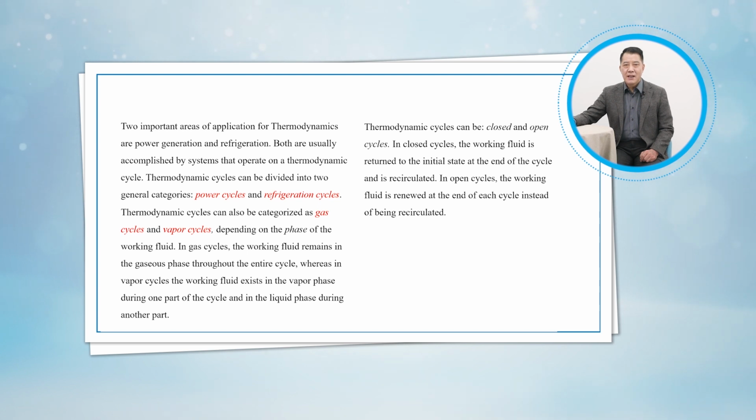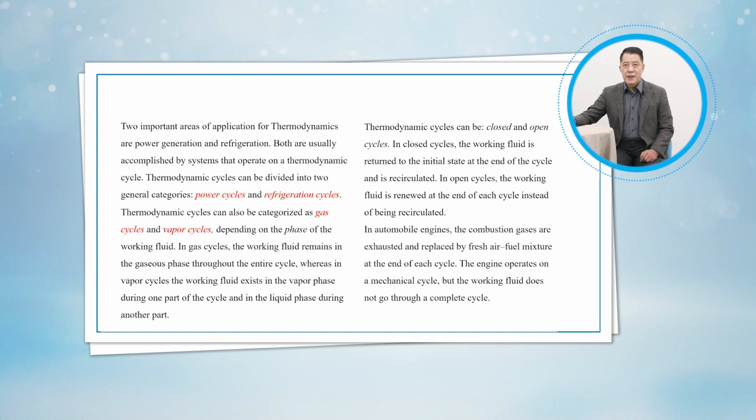In closed cycles, the working fluid is returned to the initial state at the end of the cycle and is recirculated. In open cycles, the working fluid is renewed at the end of each cycle instead of being recirculated.